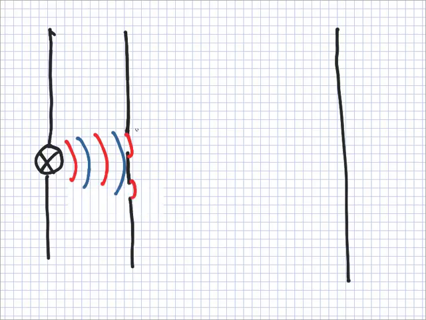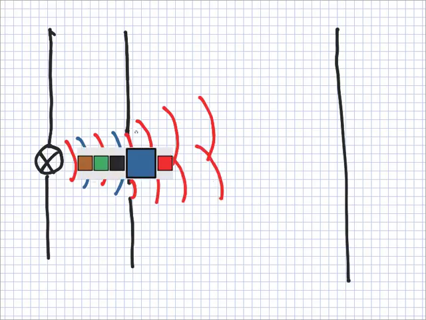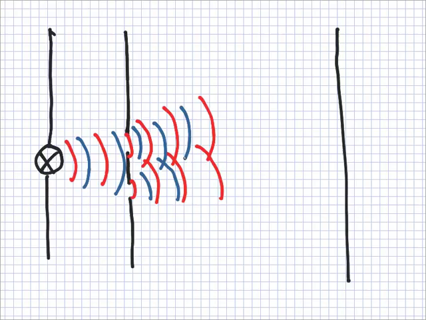Crest, crest, crest, crest, crest, crest, crest, and then we have trough, trough, trough, trough, trough, trough. So it's really, really hard to picture this, but these waves are moving together and they're colliding and they produce this pattern. What will this pattern look like?